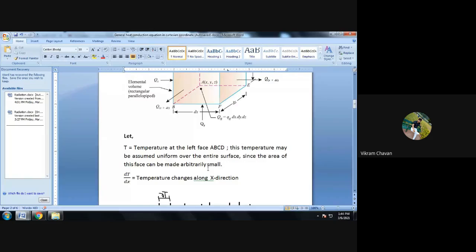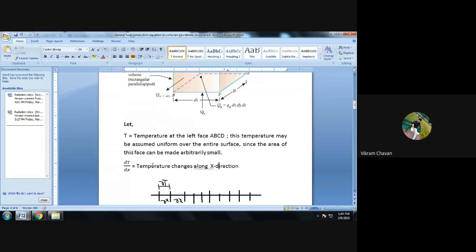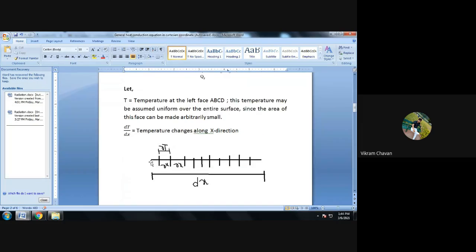No doubt up till now? Then further, we have to understand the internal temperature changes also. For that purpose we have considered the dx length in the x direction. Further, we have divided this dx length into small elements. For understanding, let us consider the dx length is 10 centimeter, and we have divided this 10 centimeter into 10 parts.